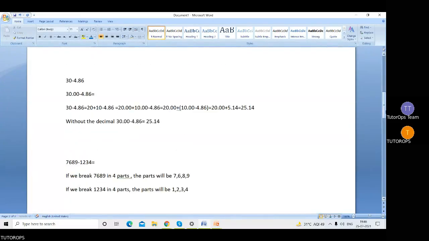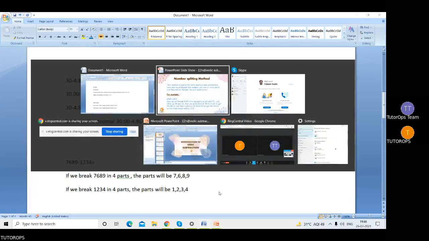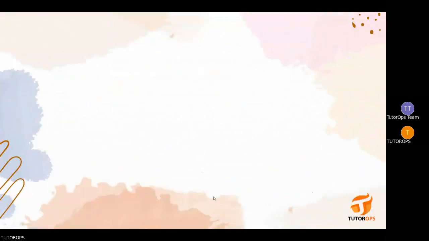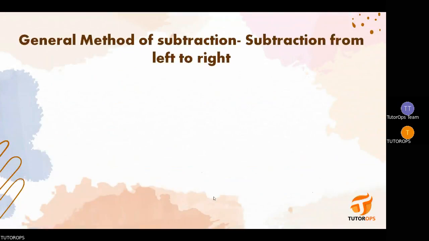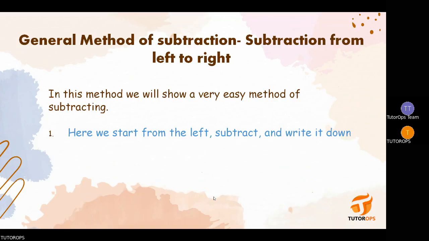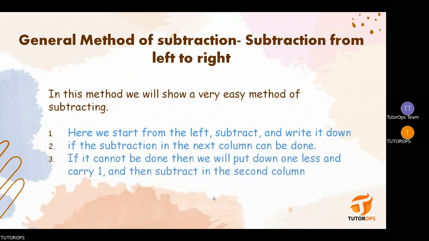In this example, we have shown that. Now we have come to the last part of today's discussion, the general method of subtraction, that is, subtraction from left to right. Using the Vedic sutras, we can do subtraction from left to right.